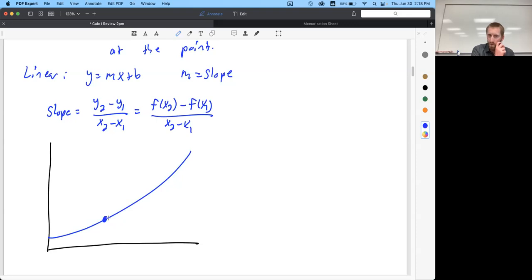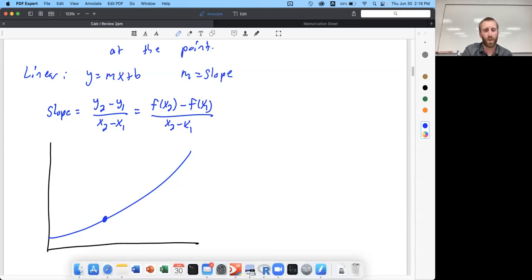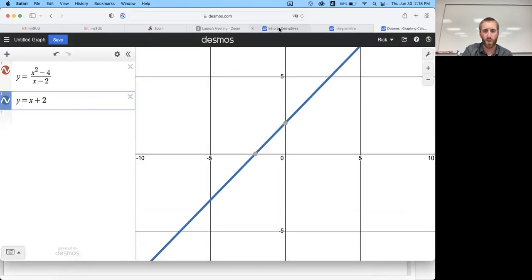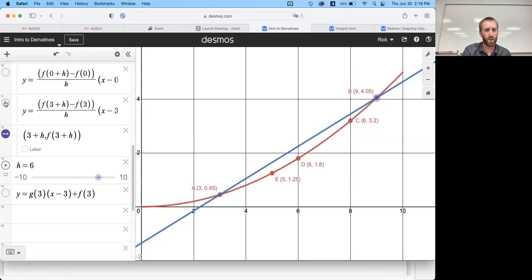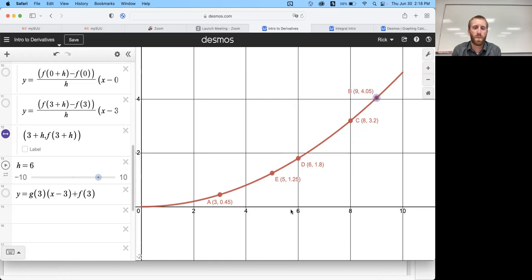Well, because my drawing skills are lacking, I'm going to go to Desmos here to show this. Okay, so here's a curve that is similar to the one I just drew. It's not a straight line. And let's say that I want to find the slope exactly at this point A.